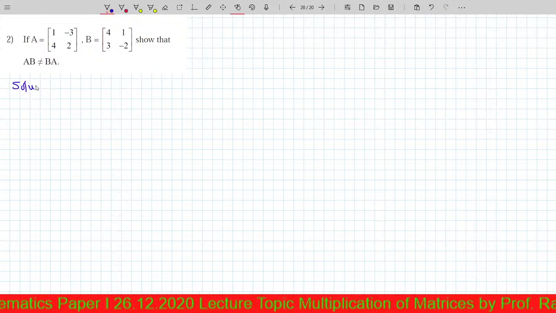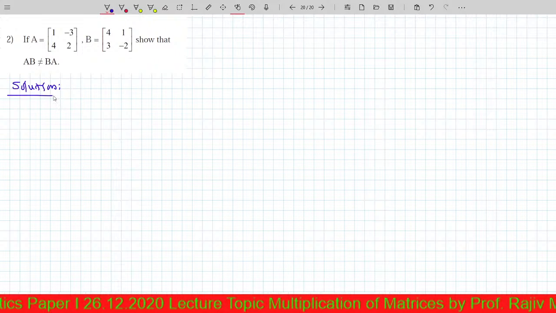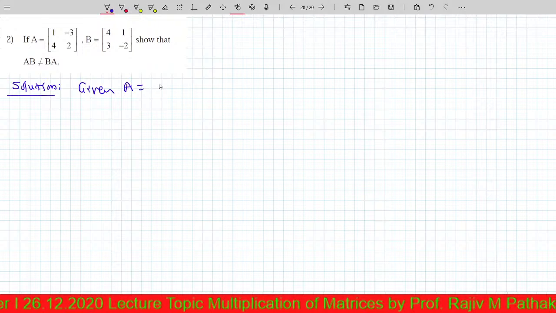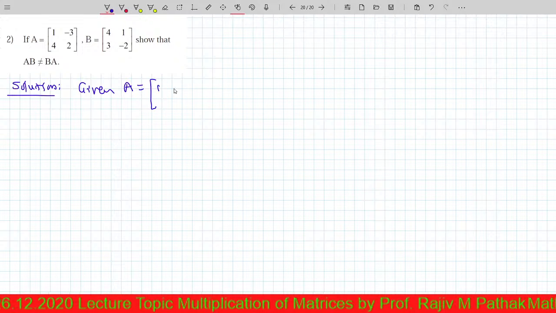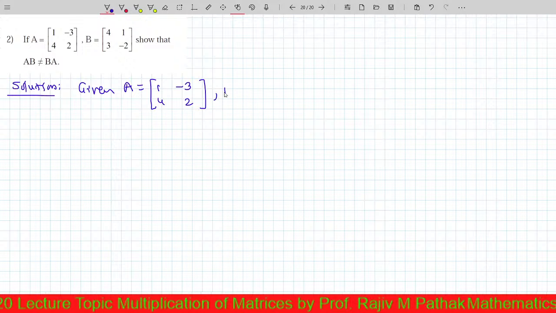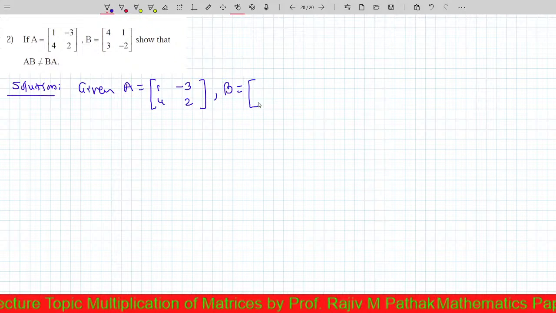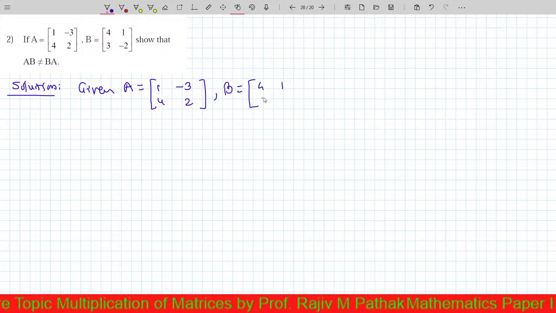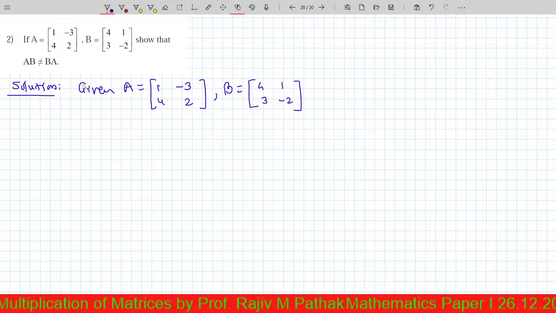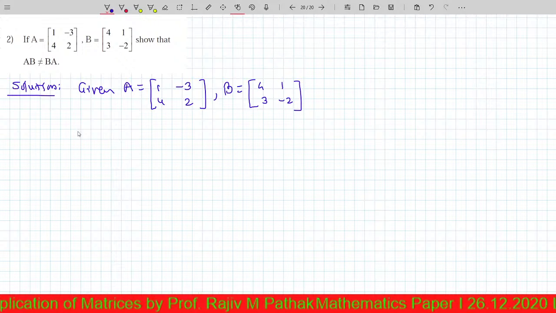Solution: given A is equal to [1 -3; 4 2] and B is equal to [4 1; 3 -2]. Then we have to show that AB is not equal to BA. So first we have to find AB.